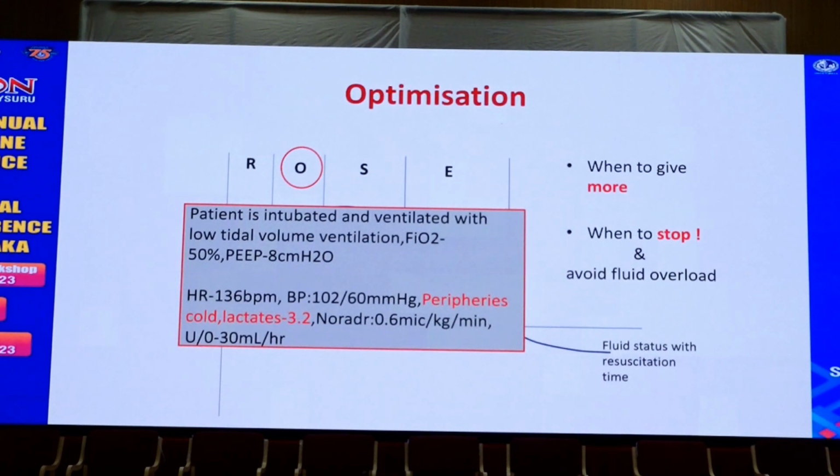Still there are signs of tissue hypoperfusion persisting, but his blood pressure is decently good enough with NORAD support. But here nothing is going to happen immediately to his life, but organs may go down. Kidneys, liver, and brain may go down. So it's very important. So here, whether to give more fluids or not is my one question. When to stop this fluid? These are 2 questions I'll ask during this phase.